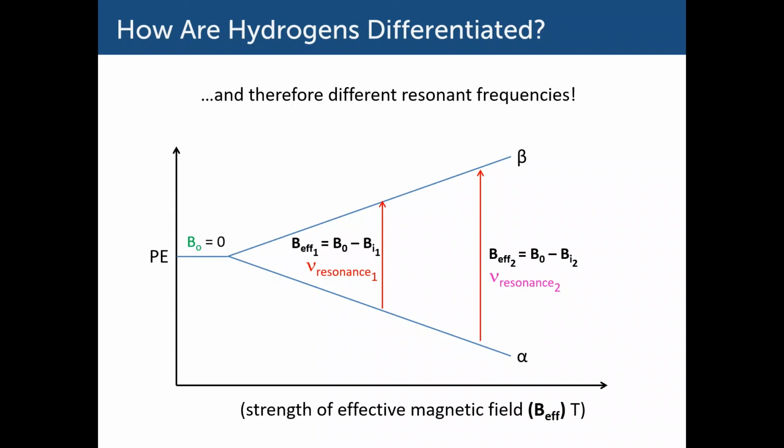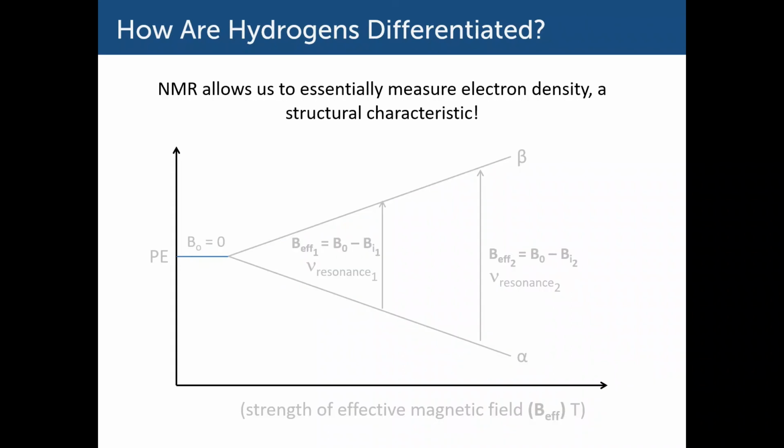So I can actually tell the difference between my two hydrogen atoms by knowing something about how much electron density is nearby, which is a structural characteristic, right? So basically, the more electron density I have, the more shielded I am, and my resonance frequency changes from a hydrogen that is going to have less electron density and is less shielded. So if we really only had two different hydrogen atoms in a molecule, we'll get two different kinds of photons back with different frequencies, and I can listen to those or hear those independently.